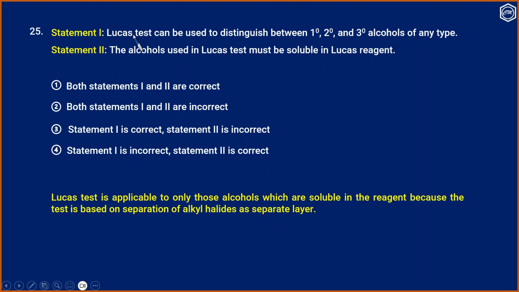So the first statement may not be correct, that is, Lucas test can be used to distinguish between primary, secondary, and tertiary alcohols of any type. So only alcohols that are soluble in Lucas reagent could be used for distinguishing between primary, secondary, and tertiary alcohol. So statement 1 is incorrect, but statement 2 is correct. So we go for option 4, and that is the correct answer.